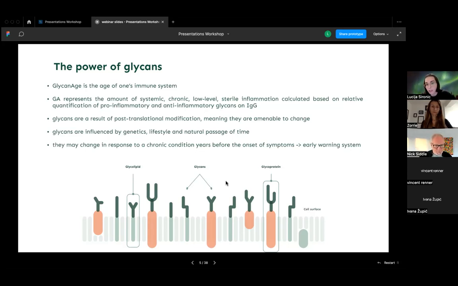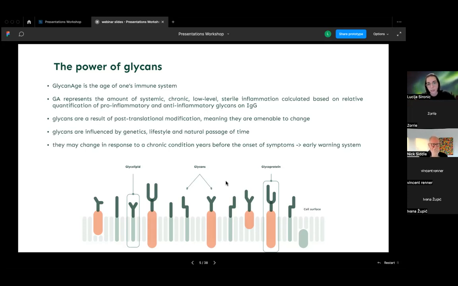Glycans, as you likely know by now, are very complex molecules, but are also very much amenable to change. They change in response to the natural passage of time, in response to different lifestyle choices, and they're also, to some extent, determined by your genetic makeup.